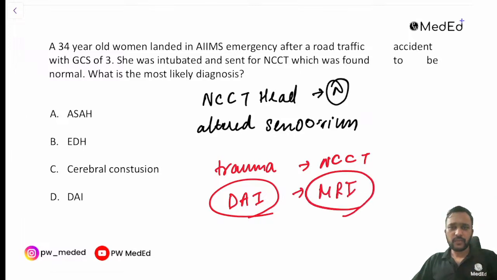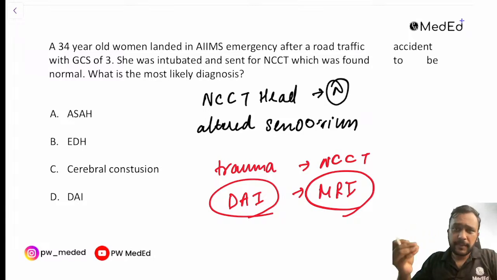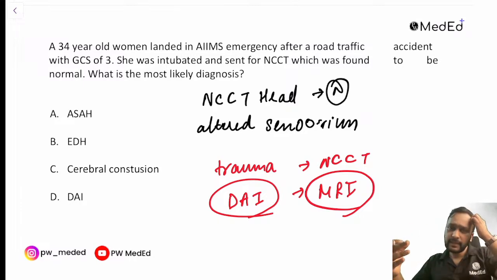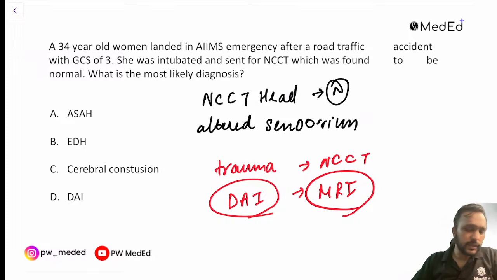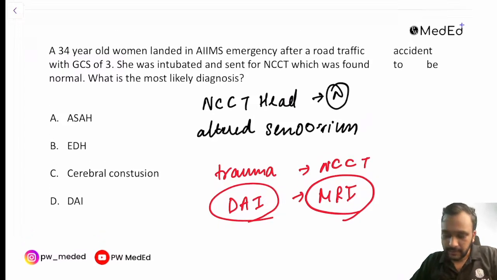In these patients the NCCT head will be perfectly normal. The patient will have a history of RTA, and will be in altered, non-improving sensorium, right?